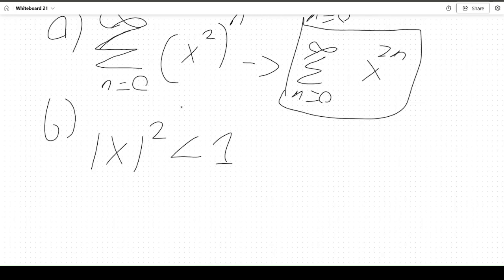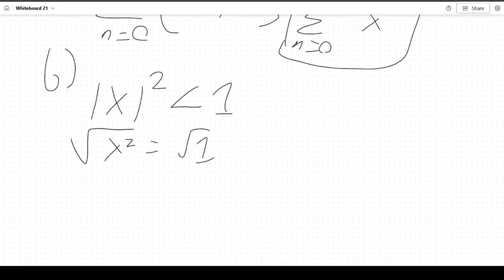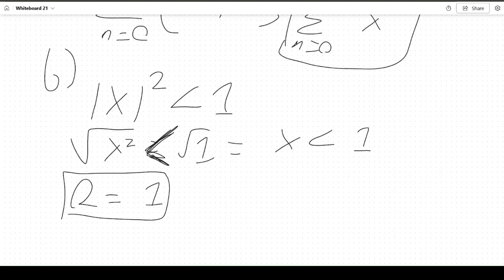We can square root it. So it'll be just like that, and we're left with the absolute value of x is less than 1. And the final answer here is going to be the radius, so the radius of convergence is equal to 1.